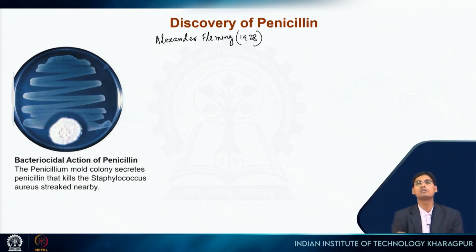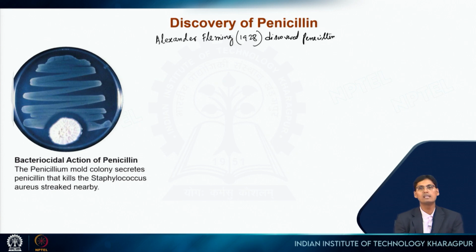I am mentioning that year so that you get a little bit of an idea at what time point this antibiotic was developed. This is very important, I would say a revolution in the field of medicine, because this is a powerful drug like any antibiotic, but this is the first antibiotic discovered by Alexander Fleming.